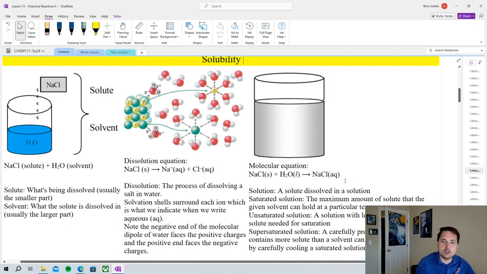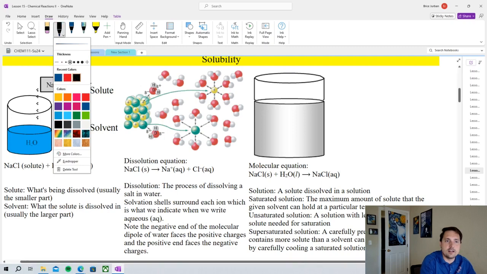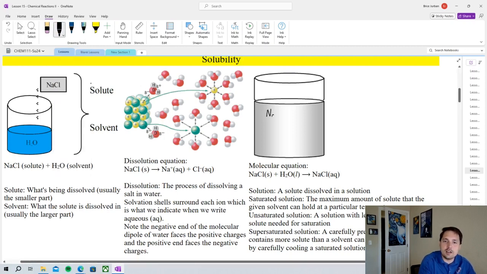Now, we can also write this in a different way. Anytime we write Na+ drawn here, we're going to assume there are water molecules around it.